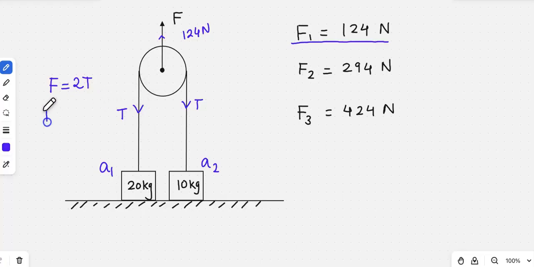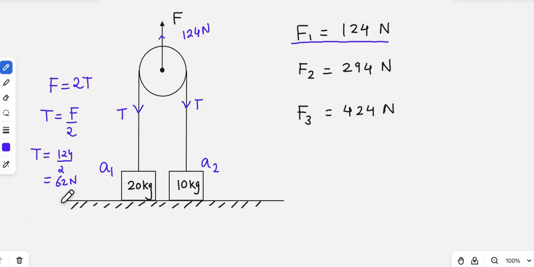Now the tension in this particular string will be the same, right? It is the same string, so this tension and this tension are also the same. So the tension T will be F by 2, that is 124 divided by 2, which is 62 Newton.